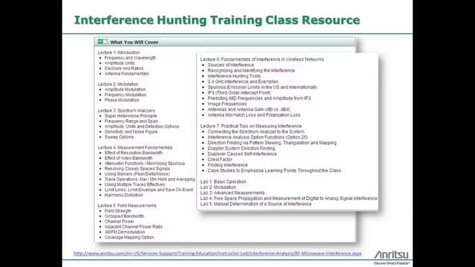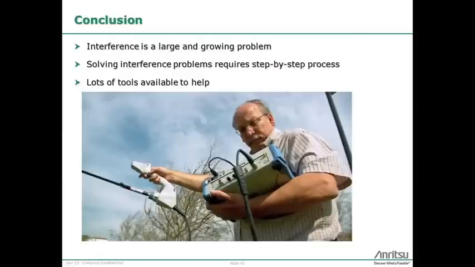So one of the things that we do know is that interference is a large and growing problem. I was curious, so I went to the FCC database to see how many transmitters were within a mile of the Anritsu location in Morgan Hill, California. And within a mile, there are 521 licensed transmitters. And I say that's a growing number because when I looked at the same information 2 years ago, it was something like 244.